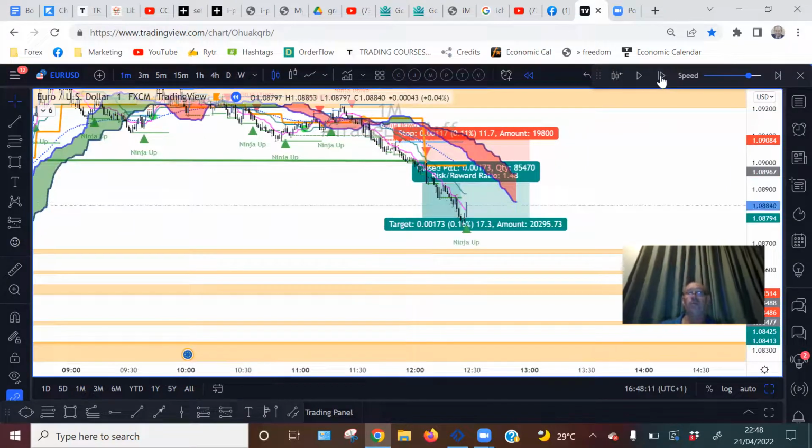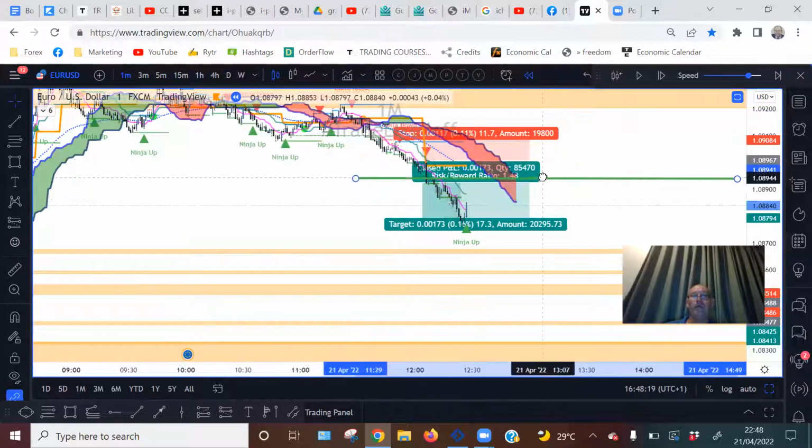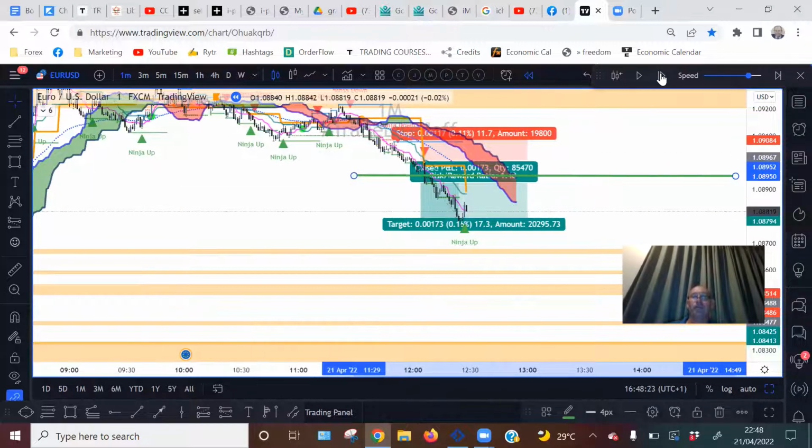So that's 1.48%. Again, you could exit there. You could just move your stop loss to above break even. So risk-free trade.